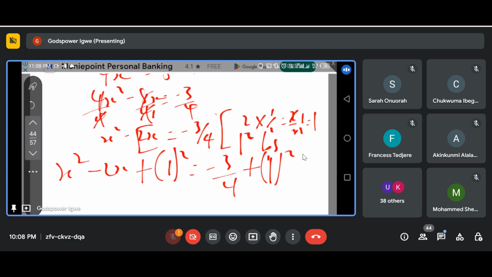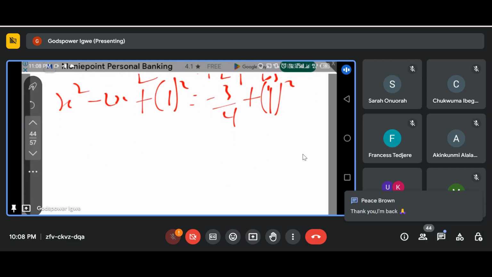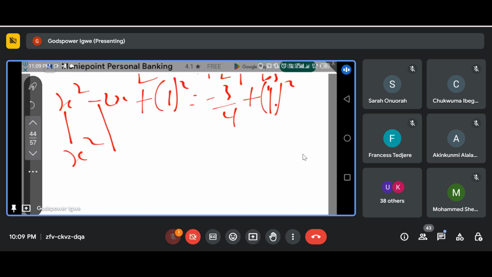Now what you have to do here is the square root: when a number multiplies itself, you get a perfect square trinomial. It's called a complete square. Take this down, take the sign down, then take this down. It's going to be x minus 1 squared.